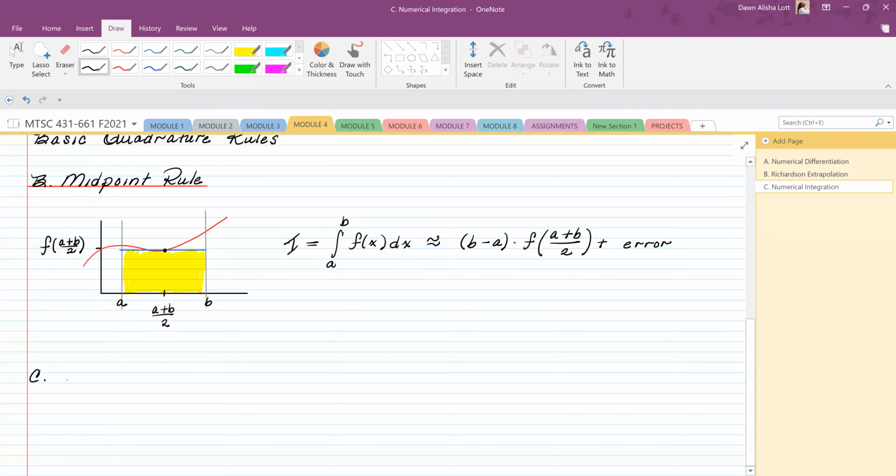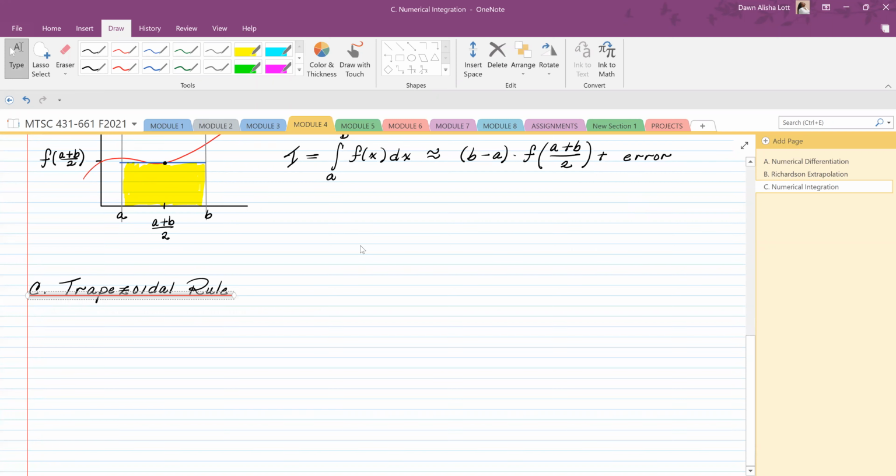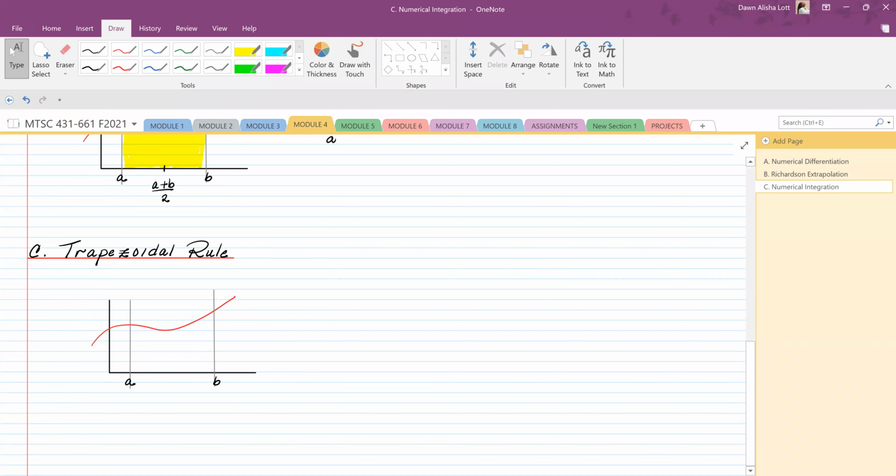Then we have the trapezoidal rule. Trapezoidal rule says, let's take the same region. And this time I'm going to draw a trapezoid.